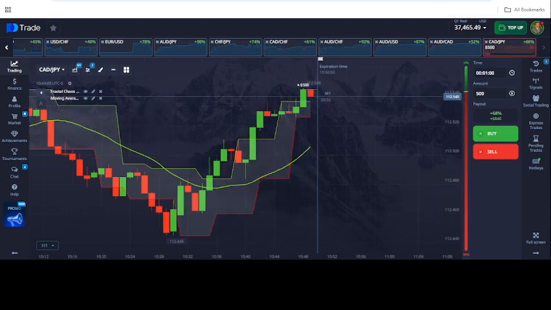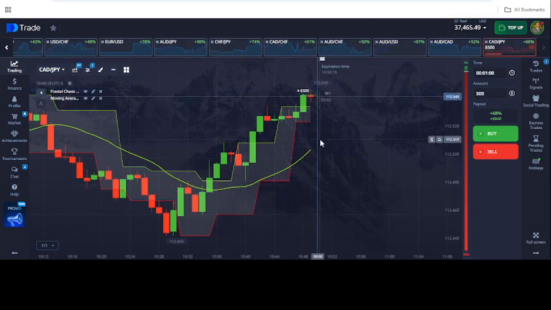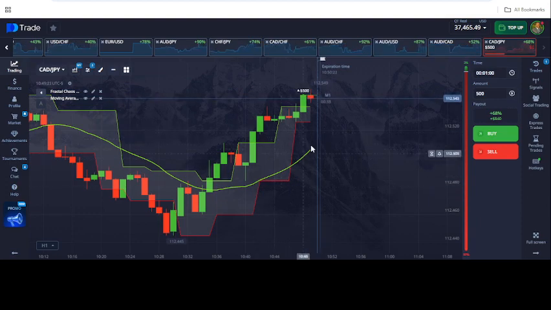Okay, so I'm on the Canadian dollar Japanese yen currency pair, and I just took a buy trade here. And the reason why I took the buy trade, we're seeing the 20 SMA begin to slope upwards, which suggests a bullish trend currently in the price of the currency pair. But more importantly here, this green candle closed above the upper boundary of the Fractal Chaos Band line here.